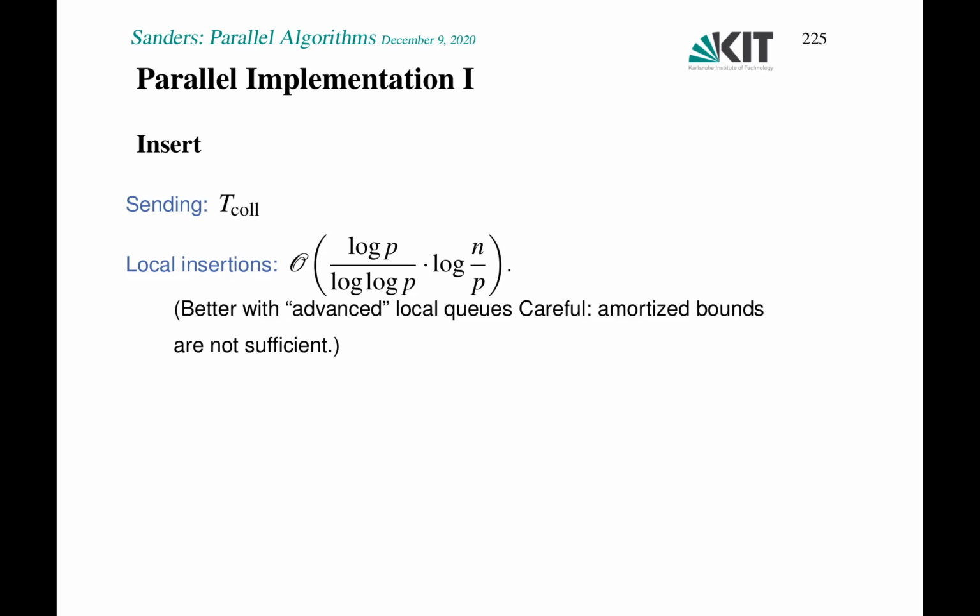From the page before, we know that no processor will receive more than order log p over log log p elements, and the local queue will contain about n over p elements. So the cost for local insertion, assuming a priority queue with logarithmic insertion cost, would be log p over log log p times log n over p.